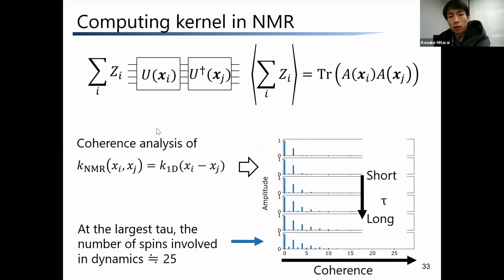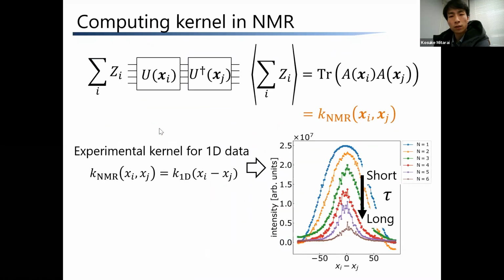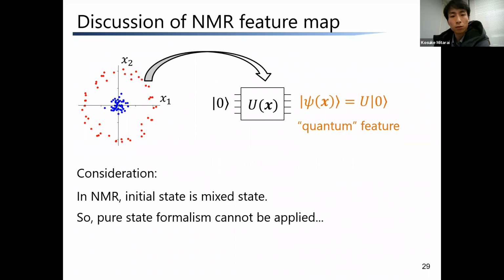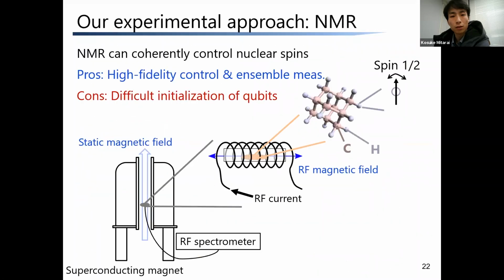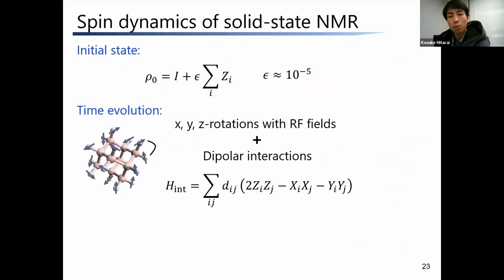But in general, if we can initialize the NMR spins, the intensity of the signal is greatly enhanced. If we can improve this epsilon by a factor of 100 or maybe 1,000, that will improve the signal to noise ratio by the same amount.